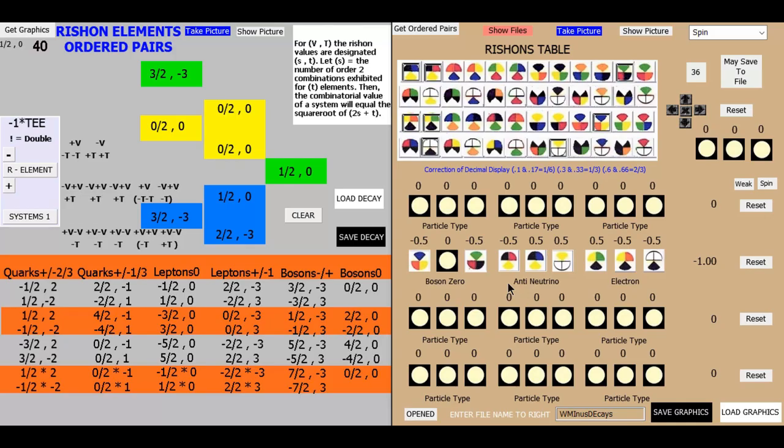This anti-neutrino will combine with the vector boson minus to give it a spin of -1/2, and the electron will have a spin also of -1/2. So the two together will have a combined spin of -1, just as the vector W boson that decayed had before their production.